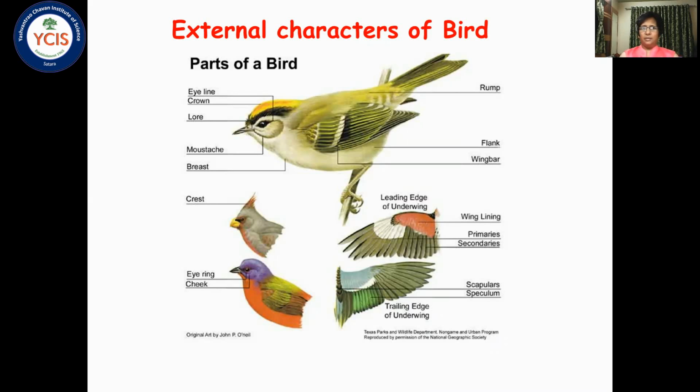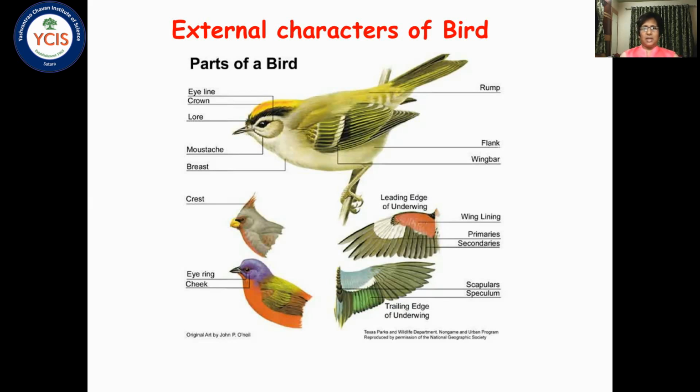The head has a beak and a patch of fleshy skin also. Then ear holes, nostrils, and eyes are present along with the neck, and that neck may be short or long. The trunk is divisible into thorax and abdomen. In the thorax, forelimbs are modified into wings, and the abdomen bears hind limbs.